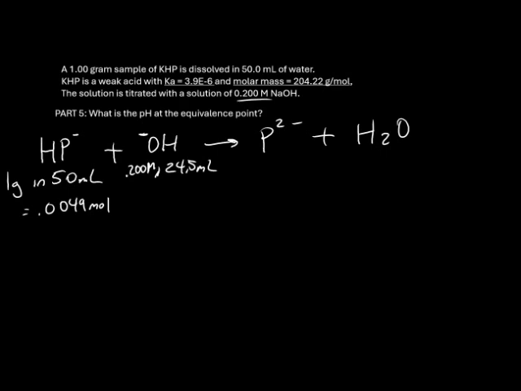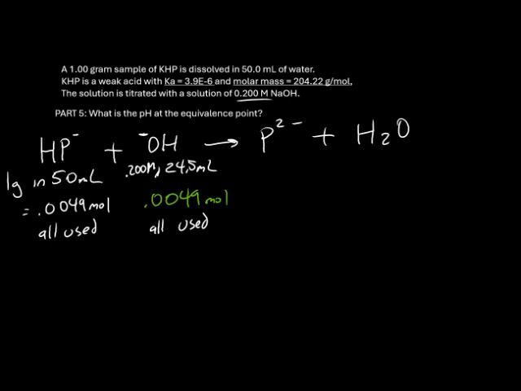Now at the equivalence point, we know that the moles of OH- must be the same, 0.0049 moles. It's important to realize that at the equivalence point, all of the moles of HP- get used, and all of the moles of OH- get used.